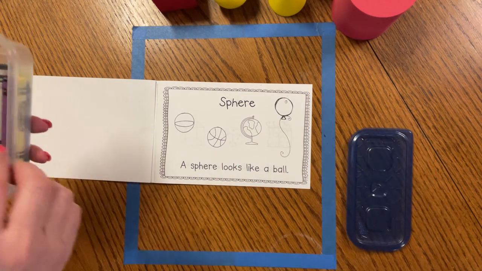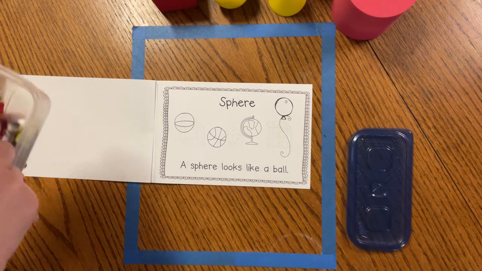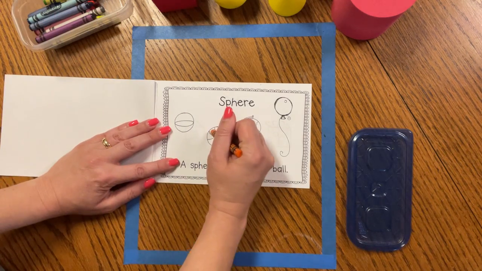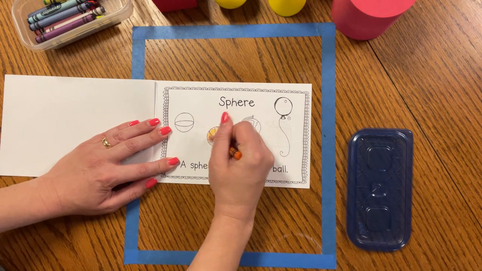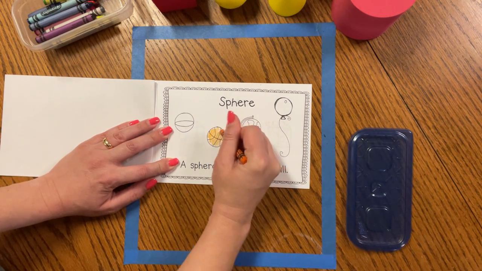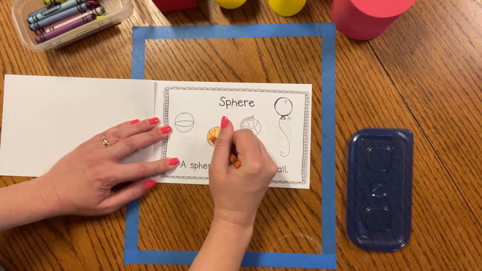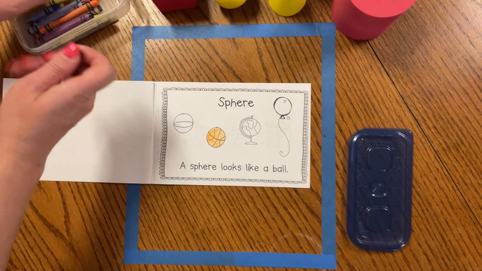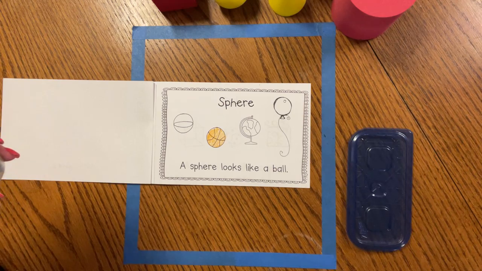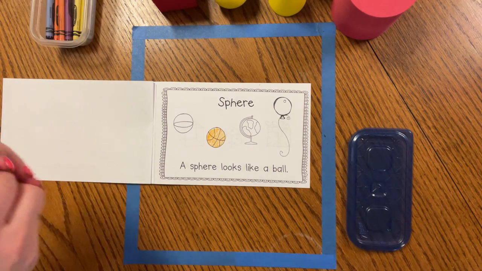Why don't we go ahead and color those pictures together? And I know a basketball tends to be orange. And what colors do we see on the globe? Do we see green and blue? Yes, we do.